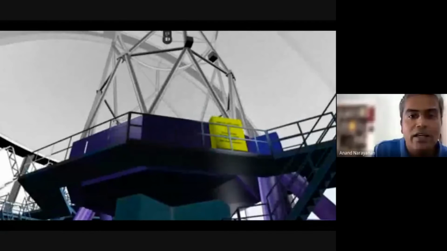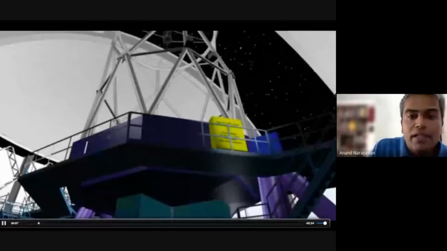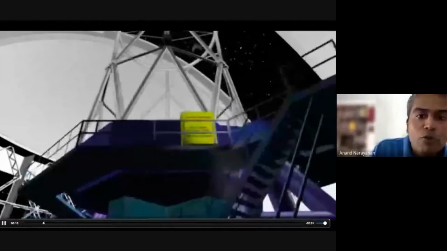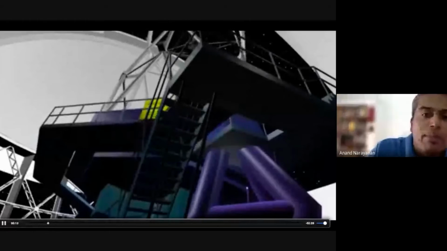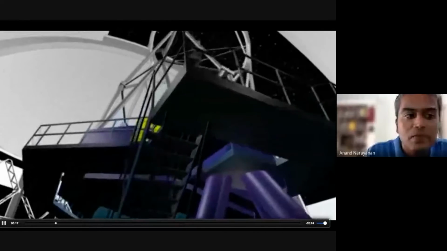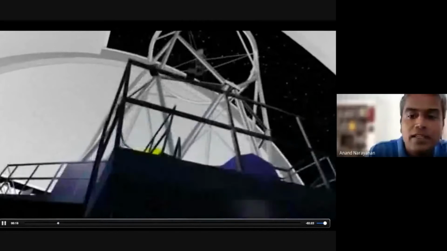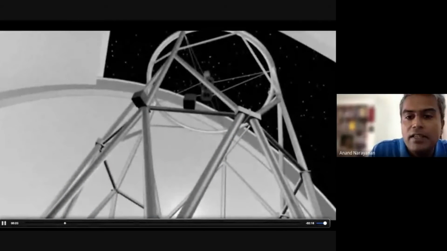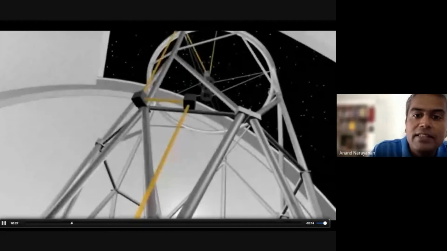Okay, so here is the dome structure, and there's the telescope. The telescope is moving and orienting and looking at a certain part of the sky. So a laser beam is fired like this, and it's a high power laser, so it reaches a very high altitude.